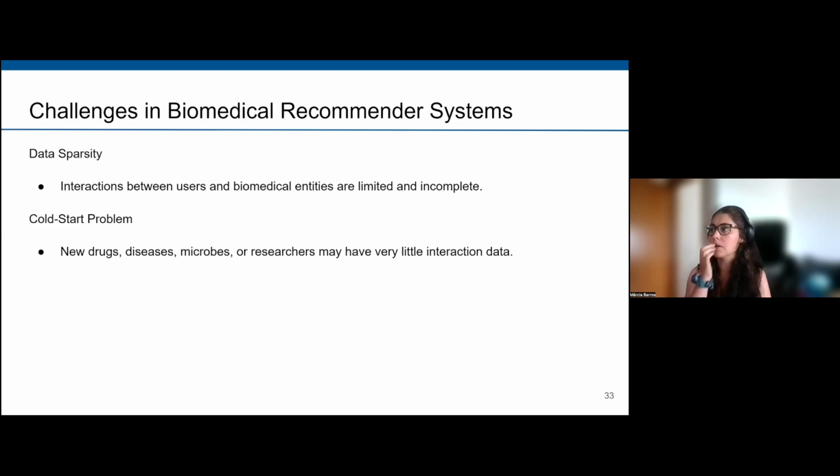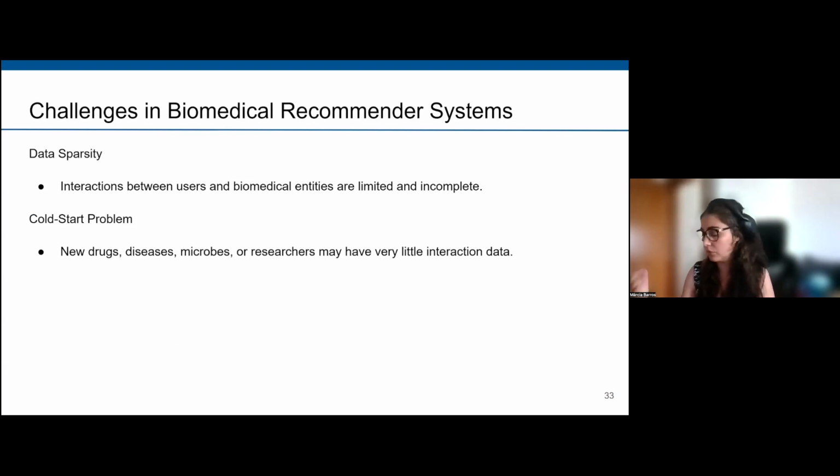Challenges in biomedical recommender systems: the data sparsity. But again, I think this is transversal to all the recommendation system field. The interactions between users and biomedical entities are limited and sometimes incomplete. And the cold start problem. New drugs, new diseases, new microbes, or researchers may have little interaction with the data.